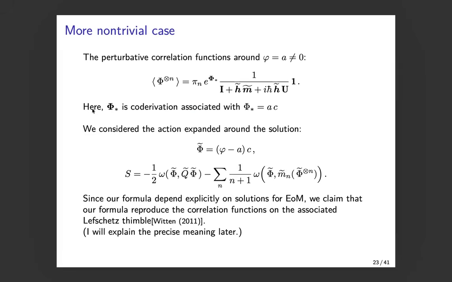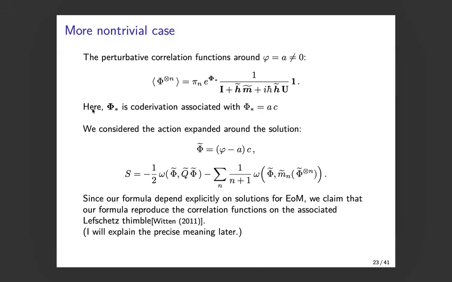Actually, a more sophisticated formula is written in the paper with Yuji, but for this presentation, I just present the very easy and practical form of the formula. If you are interested, please see our paper.